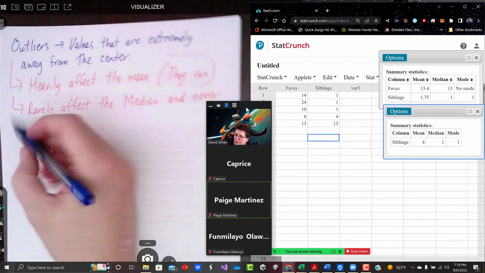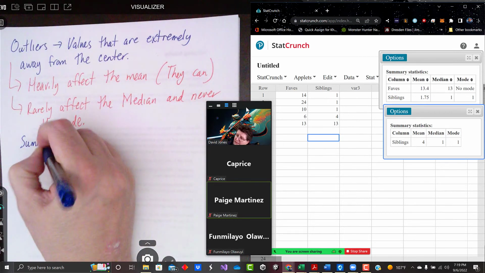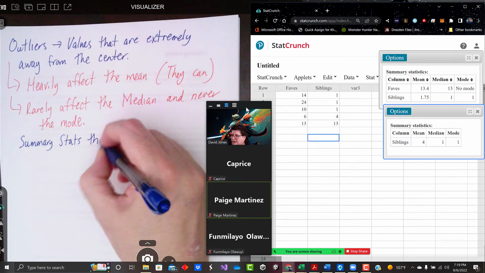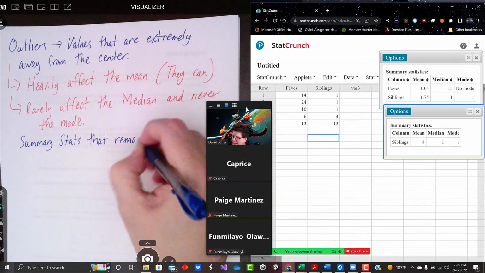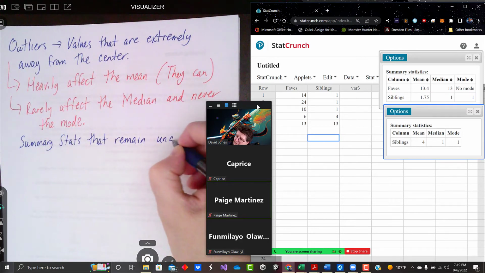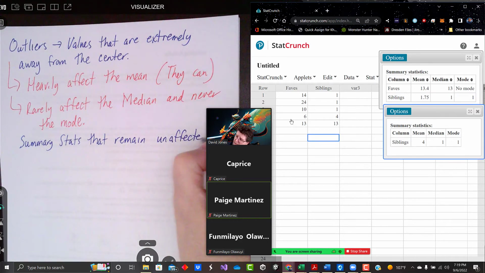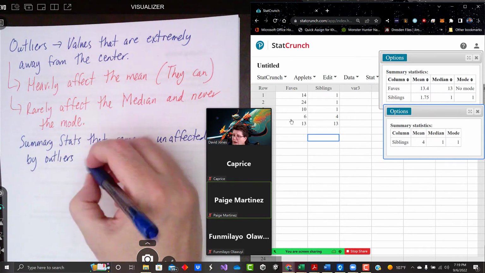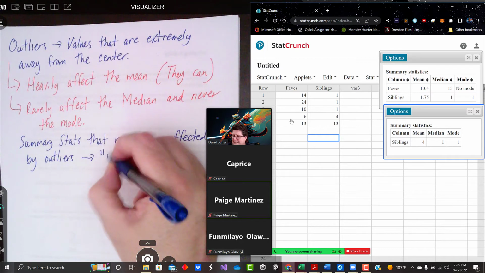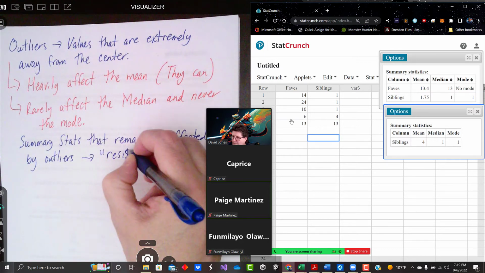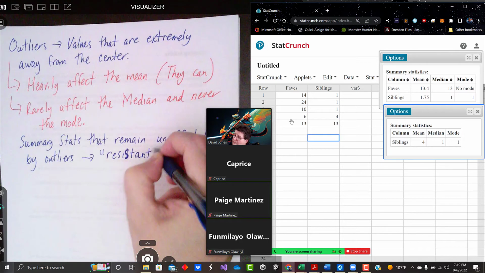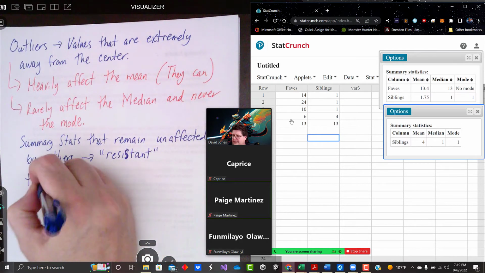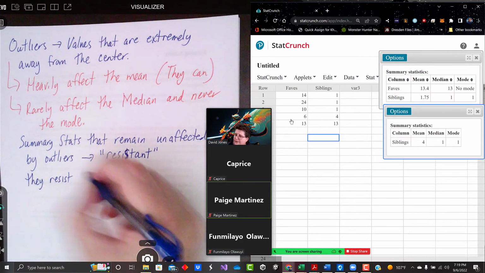When summary stats remain unaffected by outliers, we call them resistant. They resist the effects of extreme values.